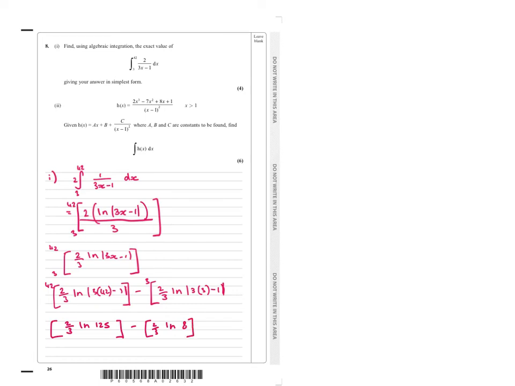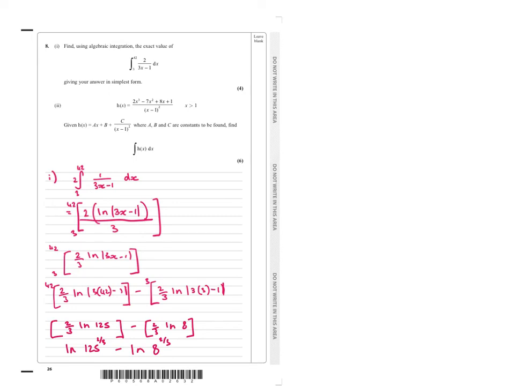Now remember log laws. a log b is the same as log b to the power of a, isn't it? So this is actually going to be ln of 125 to the power of 2 over 3, minus ln of 8 to the power of 2 over 3.